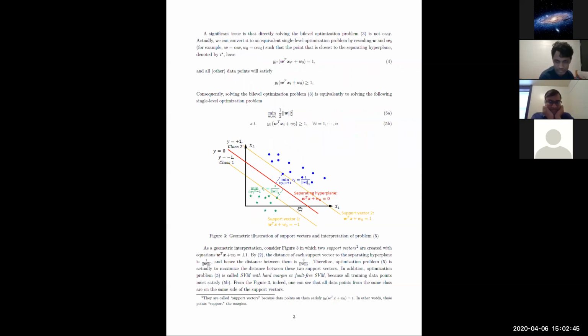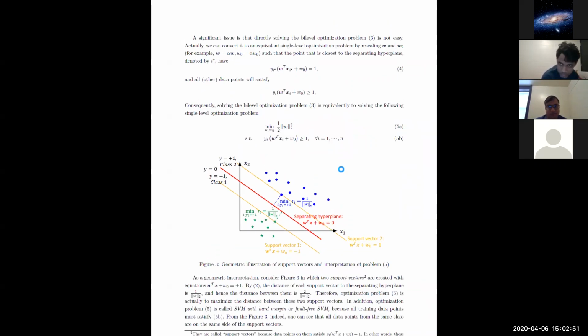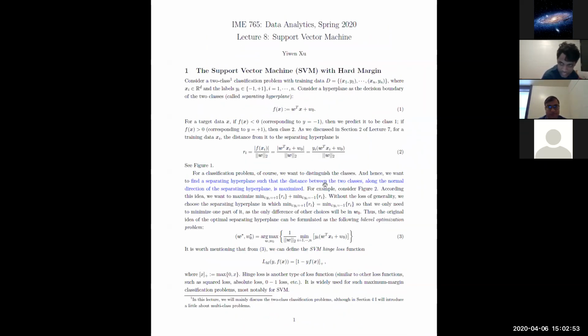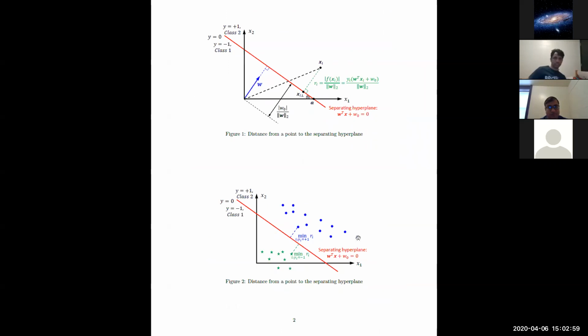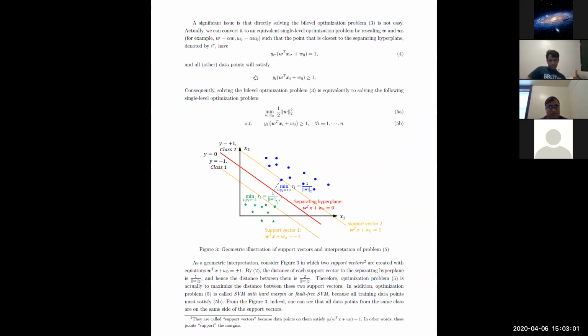And the reason we can make it work with support vectors is because we can use an algebraic trick to convert this original bi-level optimization problem to a quadratic one-level optimization problem.